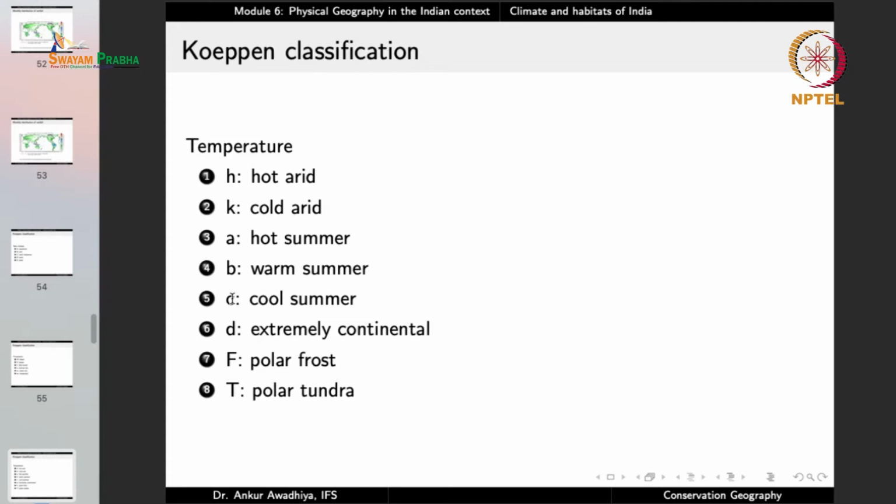F refers to polar frost, which means that these areas are always under ice. They are permafrost areas. So things such as the ice caps. If you talk about say Antarctica, Antarctica is a polar frost area. In our country, some areas that are under glaciers, such as the Siachen Glacier, will come under such a category.